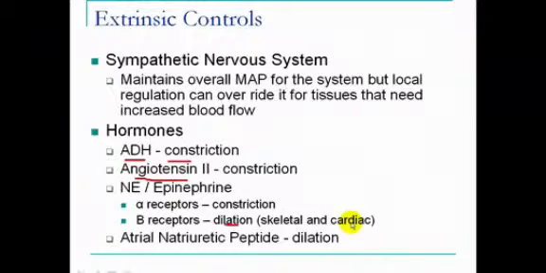And then we learned about your atrial natriuretic peptide, which was released by the right atrium when blood pressure gets too high. So if blood pressure gets too high, ANP gets released and it will cause vasodilation to bring your systemic blood pressure back down. All these hormones also help regulate blood pressure by adjusting the radius or the diameter of your blood vessels. So if the majority of your arterioles are vasoconstricting, your systemic blood pressure will go up. If the majority are dilating, then your blood pressure will go down.